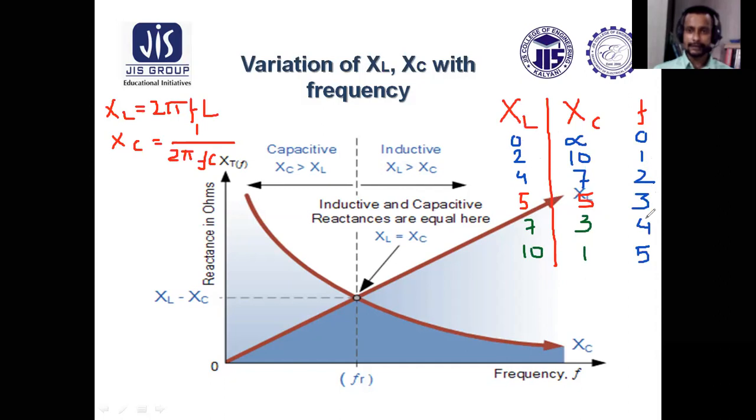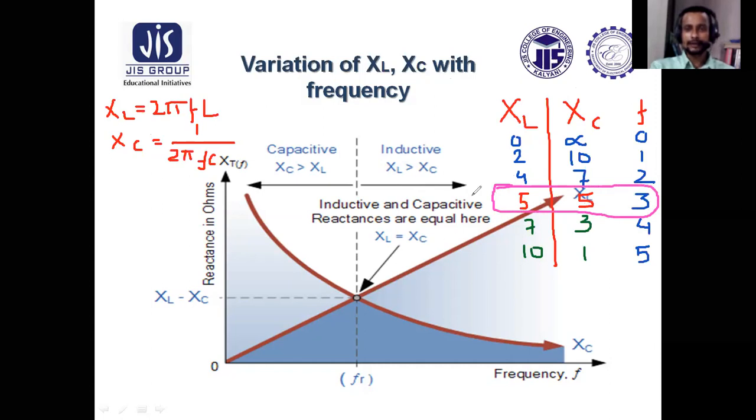So what can we conclude from this? If frequency is 0, XL will become 0. If frequency is 1, XL will have some certain value; XL will be increasing with frequency. Similarly, XC will be decreasing with increase in frequency. At a certain frequency, see here, both inductive reactance and capacitive reactance, XL and XC, are equal, which implies the net reactance of the circuit at frequency 3 Hz, as shown here, will become 0.